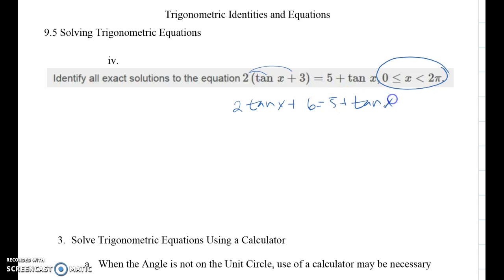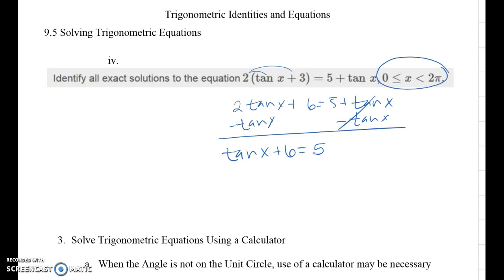If you're unsure what to do, find a small step that you can complete and go from there. I'm going to go ahead and move my tangents together. So I'm going to say minus tangent x on both sides. This leaves me with tangent x plus 6 equal to 5. Minus 6, so I get tangent x equal to negative 1.